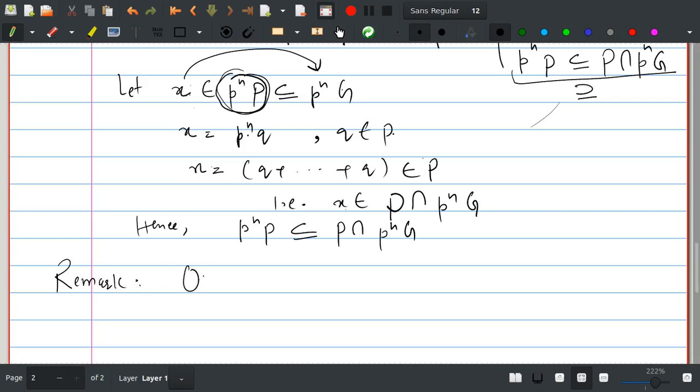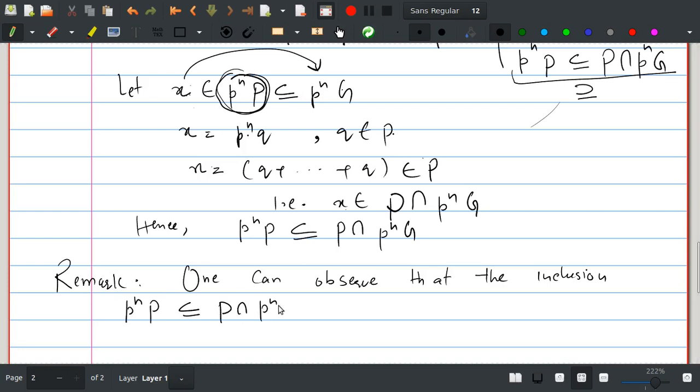So one can observe that the inclusion p^n P contained in P intersection p^n G is always true. Hence it is the reverse inclusion which is significant.